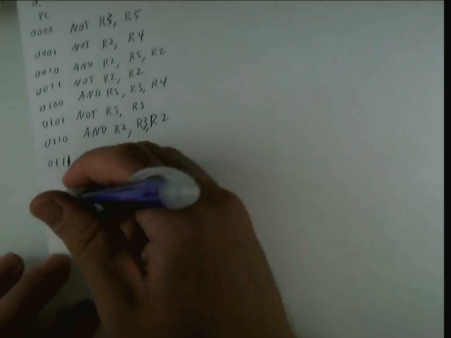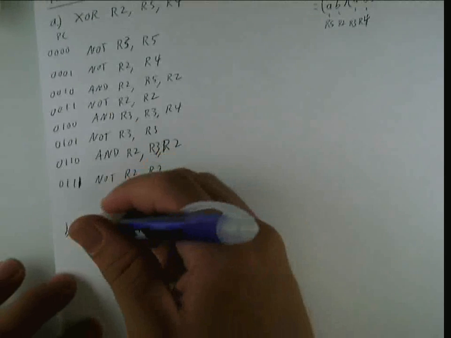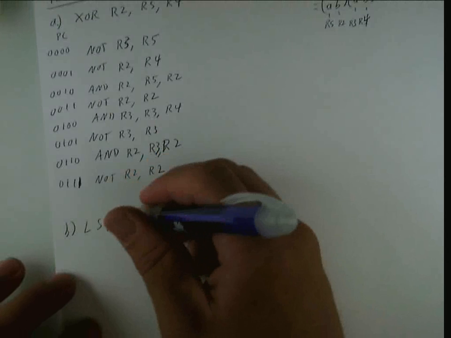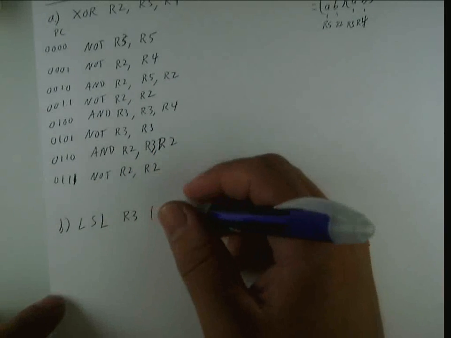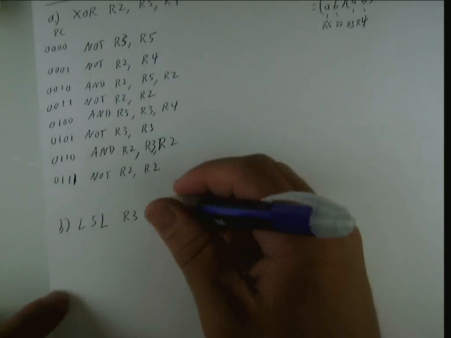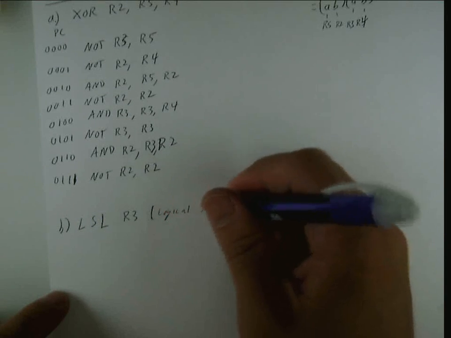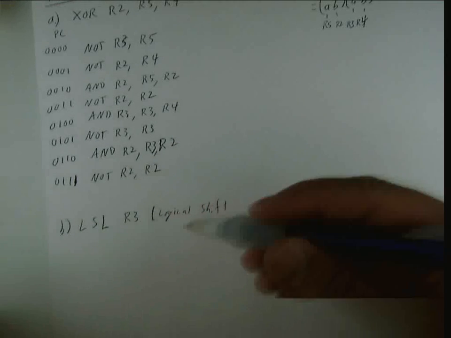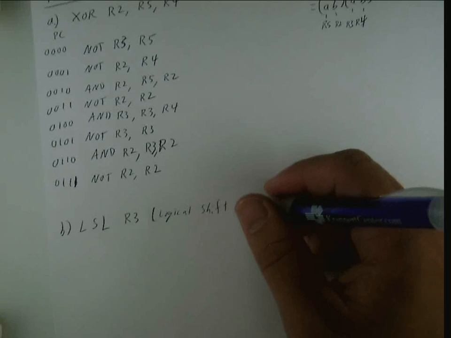part A. Now for part B, we want to implement logical shift left R3. Well, hopefully you remember this from what I've mentioned earlier in the class, that pretty much a logical shift left, or any kind of shift left, basically except for circular, is basically multiplying by 2.